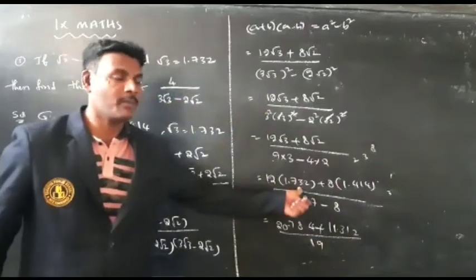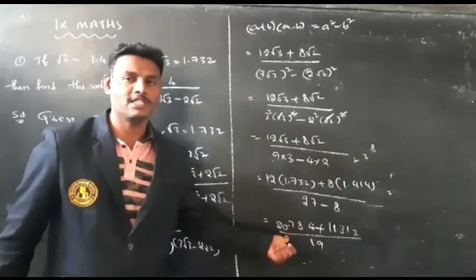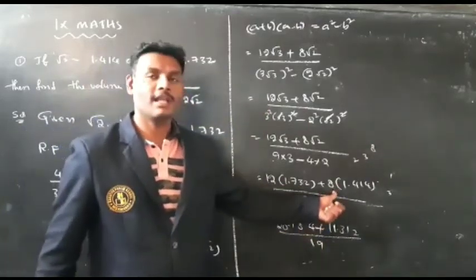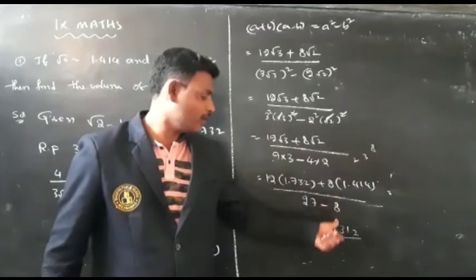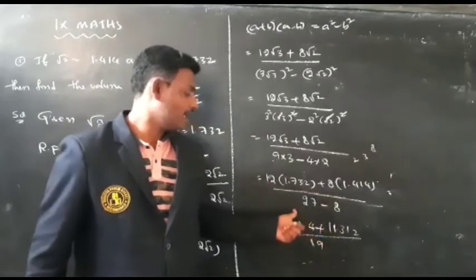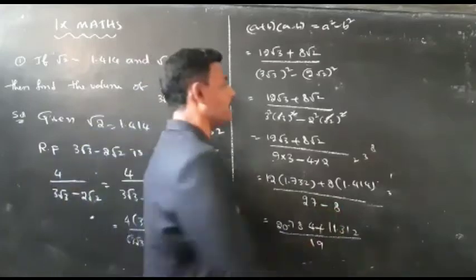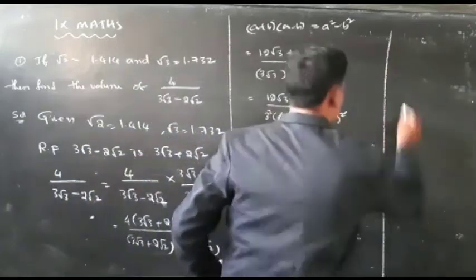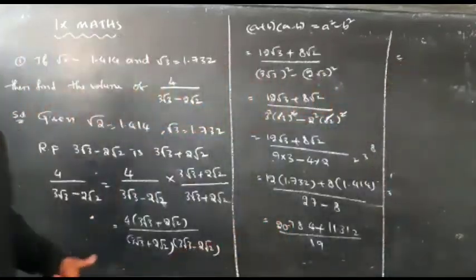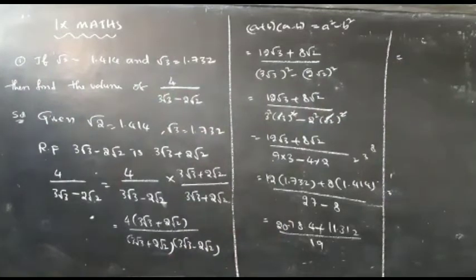So 12 into 1.732 is 20.784. Similarly, 8 into 1.414 is 11.312. 27 minus 8 is equal to 19. Now add both 20.784 and 11.312.